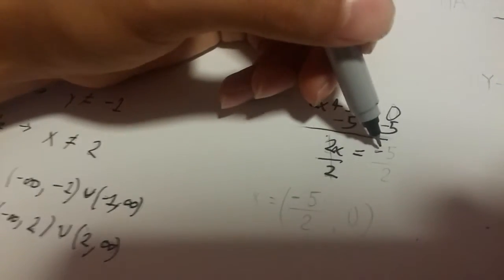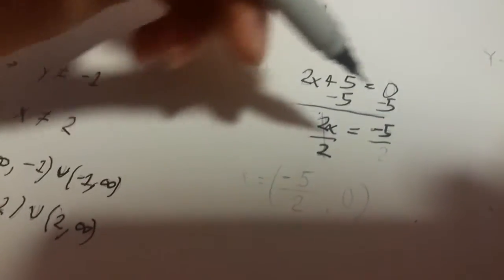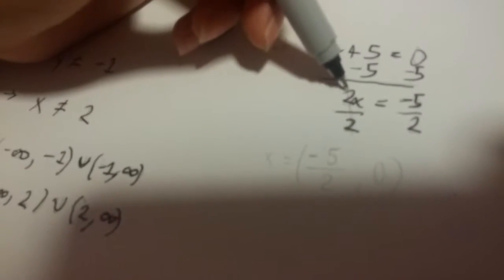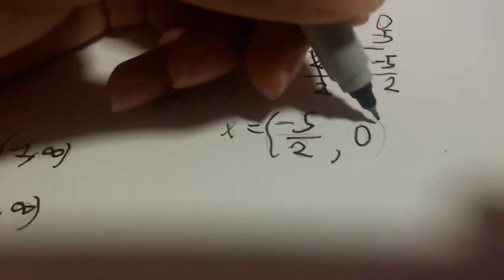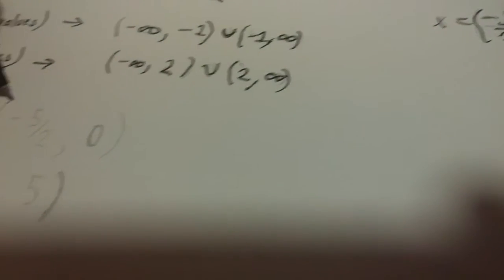The 2x divided by 2 cancels out, which gives us x = -5/2, and the point is (-5/2, 0). That gives us the answer for the x-intercept.